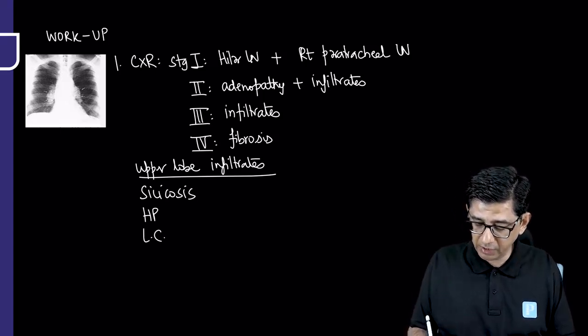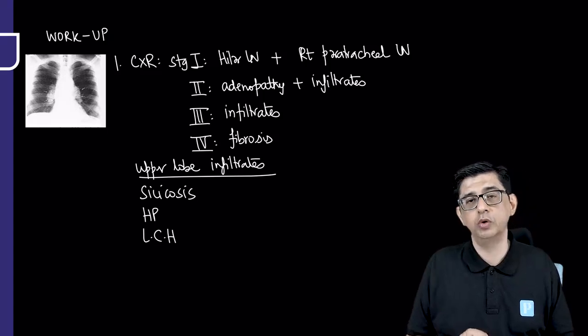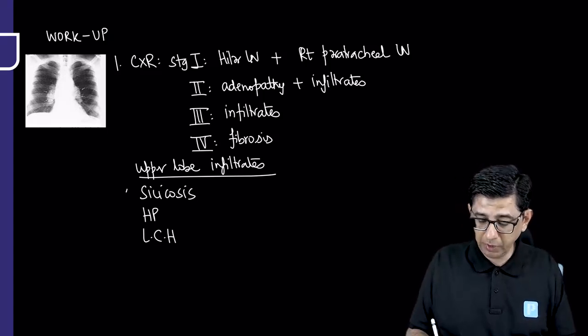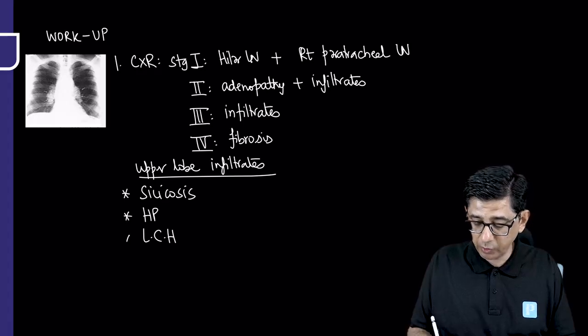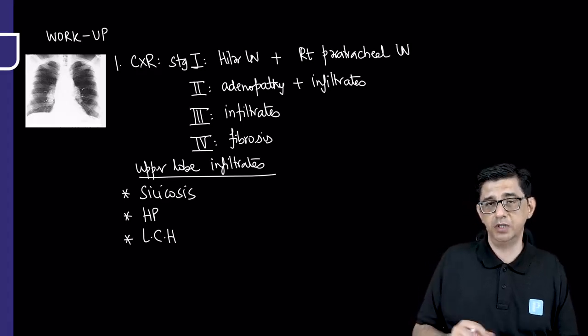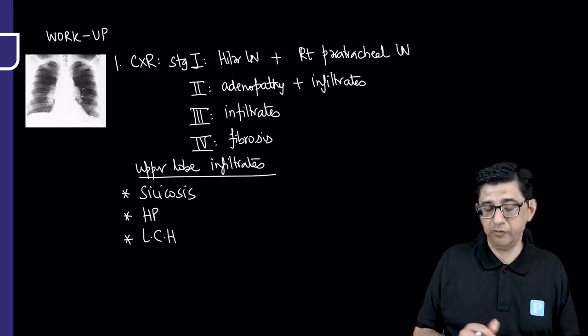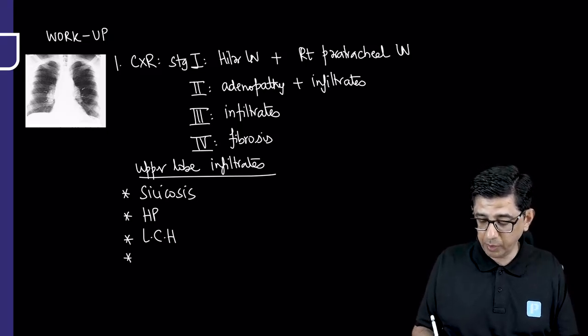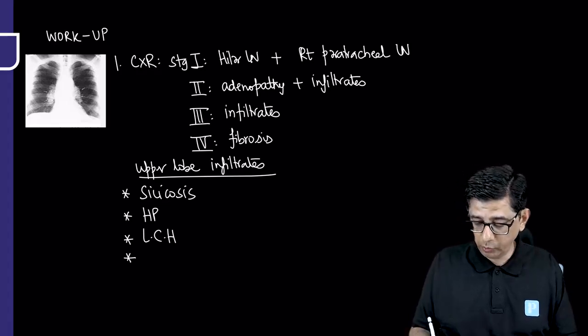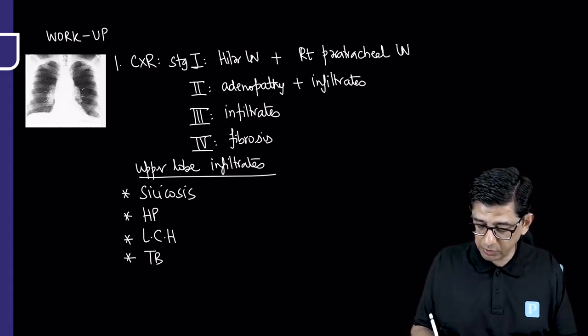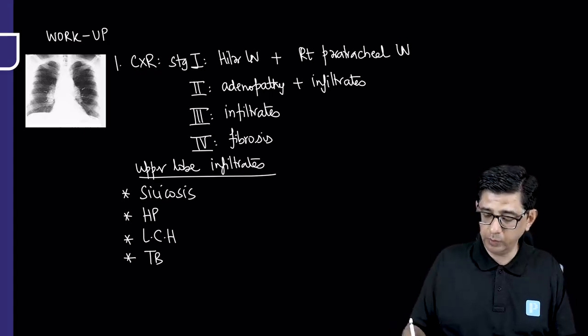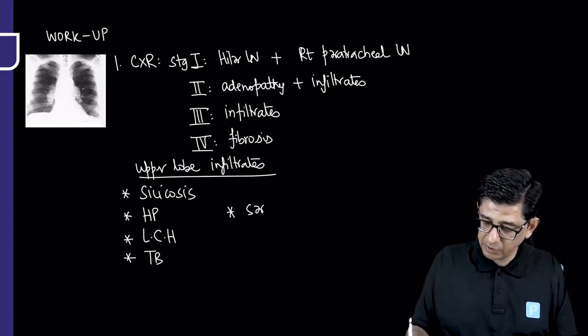Then Langerhans cell histiocytosis, also called Christian disease, where you have CD1a positive histiocytes, which have an electron microscopy finding of Birbeck granules. Then tuberculosis, obviously, and Pneumocystis jirovecii are conditions where we can have upper lobe infiltrates over and above the topic of interest, that is sarcoidosis.